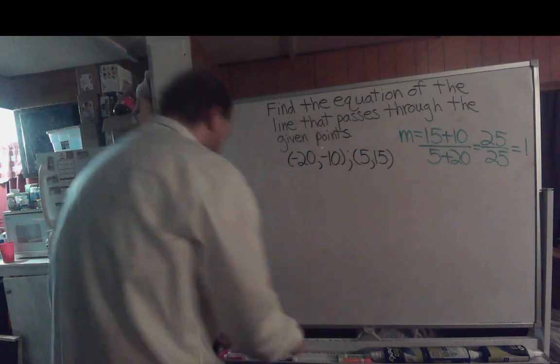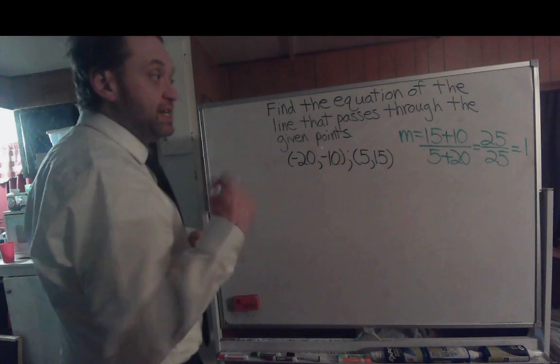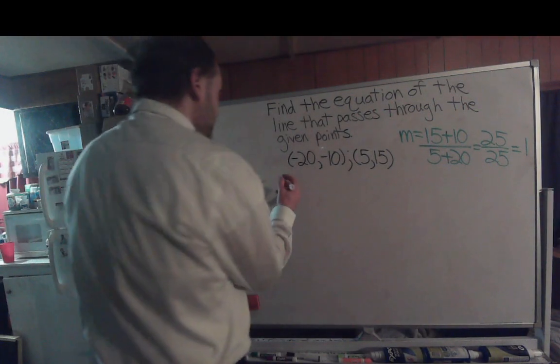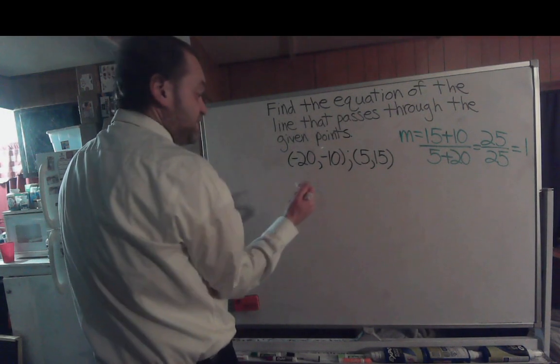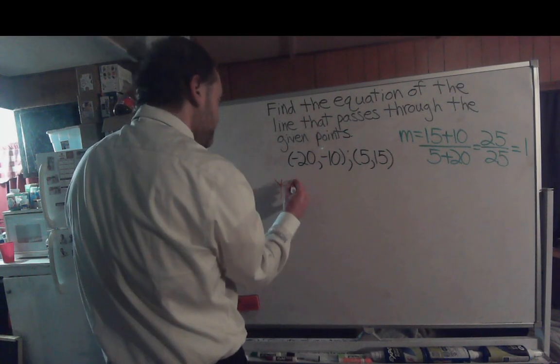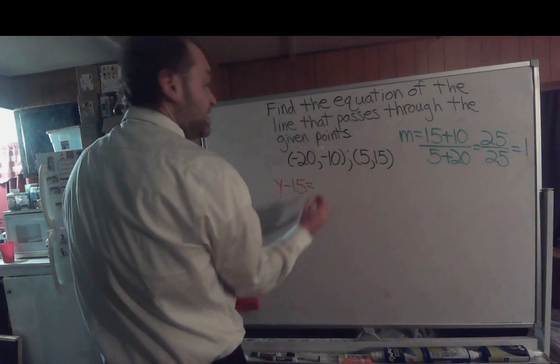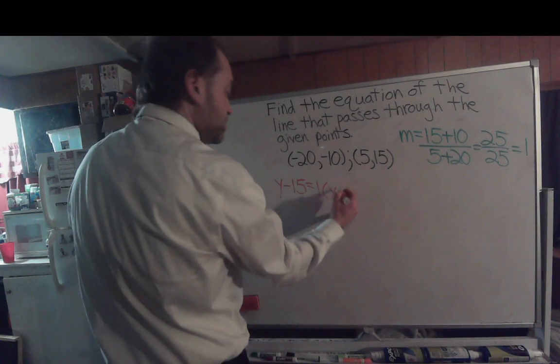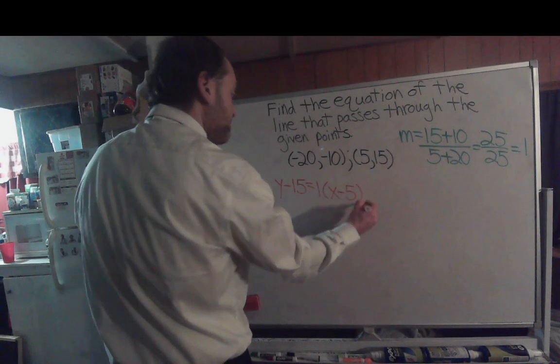So now, of course, we're going to find the equation of the line since we know our slope. So we're going to work with (5, 15). I think that'd be easier. So take y minus your y-coordinate of 15, set that equal to your slope of 1 times x minus your x-coordinate of 5.